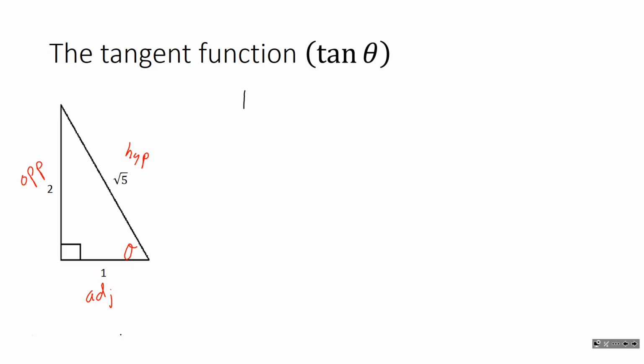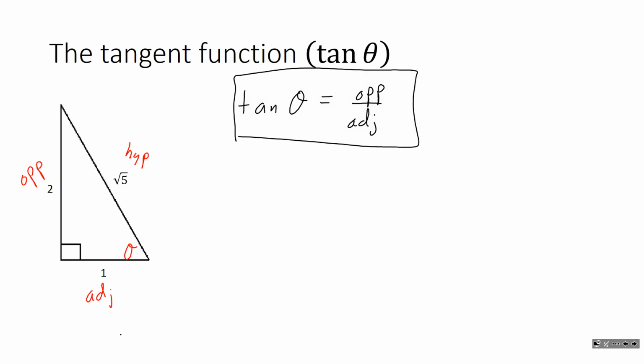And here's your definition. Tangent equals the opposite over the adjacent. Well, what will that be for this problem? The opposite is 2, the adjacent is 1, and 2 over 1 would just be 2. So the tangent of theta equals 2.